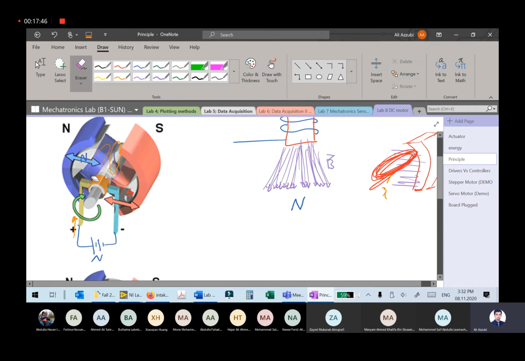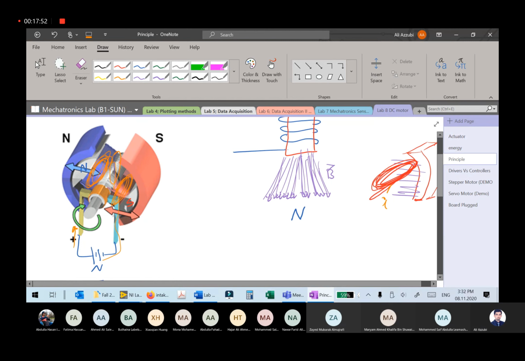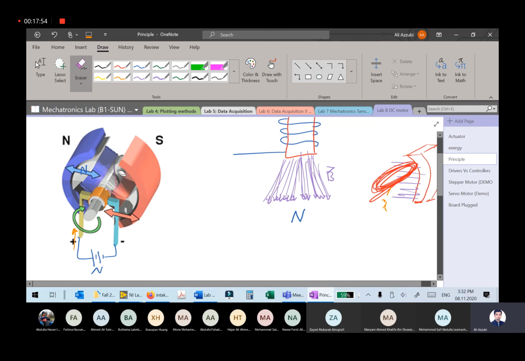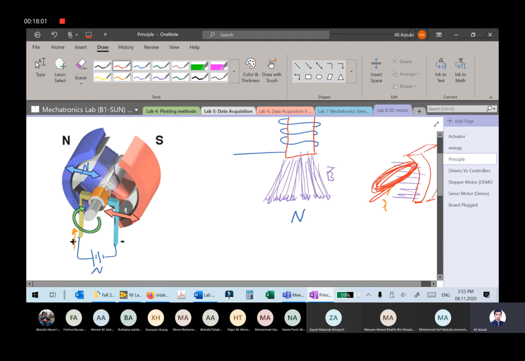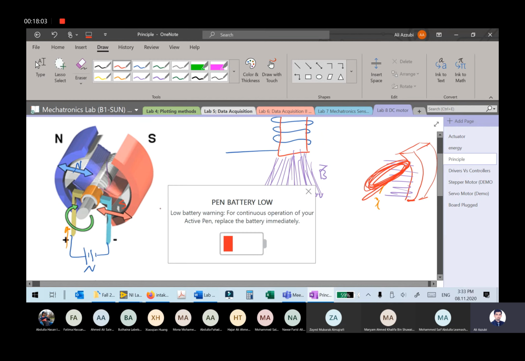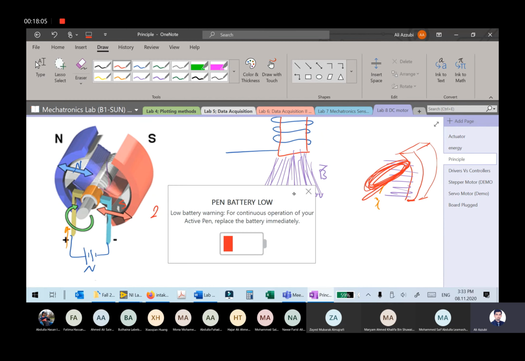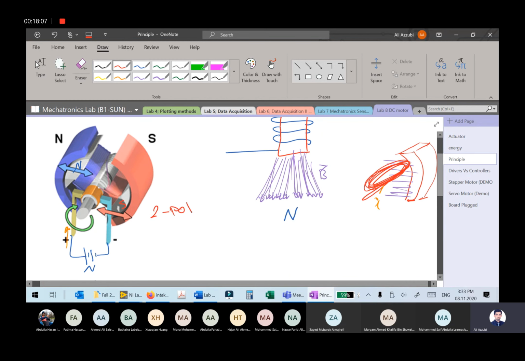So basically the current will flow into this coil here, continue to this coil, and come back, closing the circuit. Right? Now since I have two coils only, we call this a dual pole or two poles motor. So this is two poles.